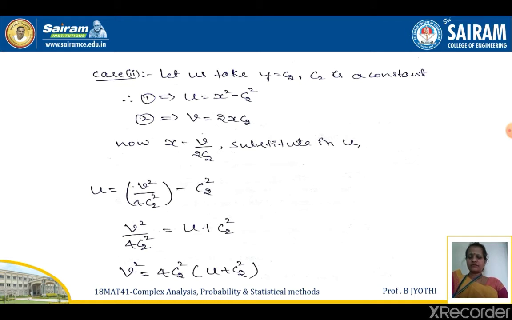Rearranging, we get v squared by 4C2 squared is equal to u plus C2 squared, which gives us v squared is 4C2 squared into (u plus C2 squared).